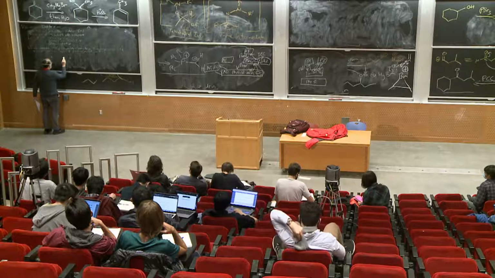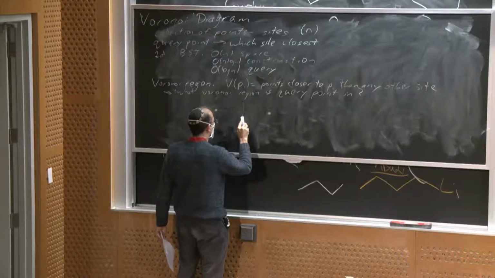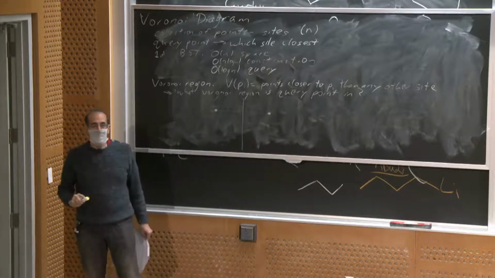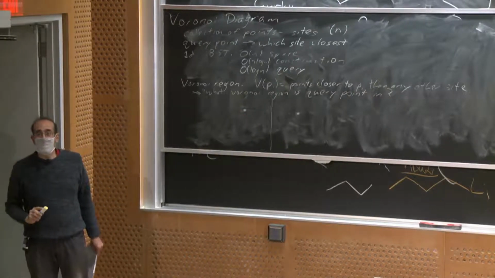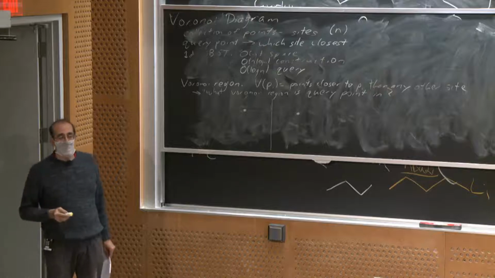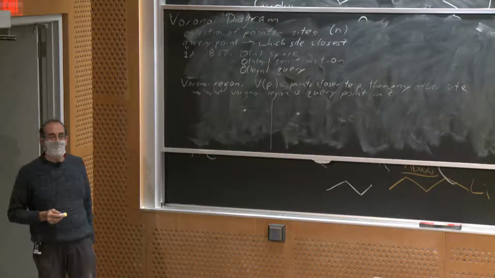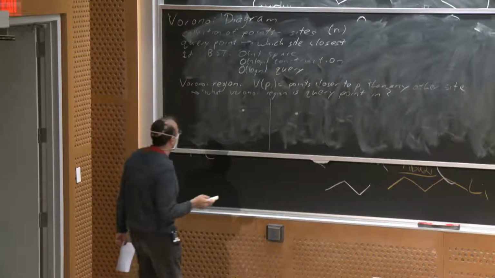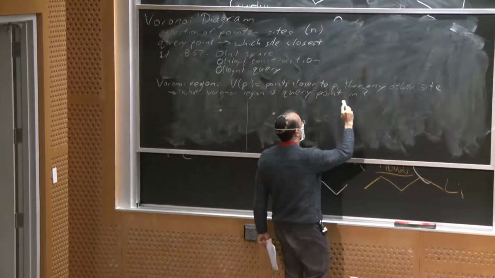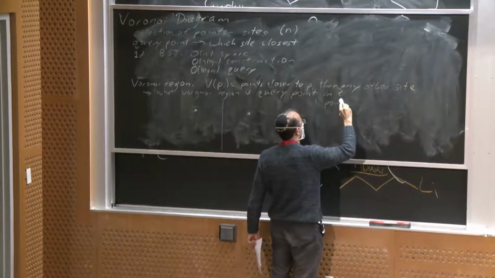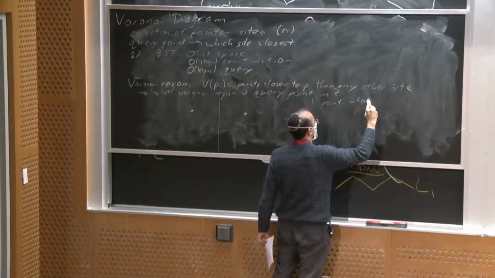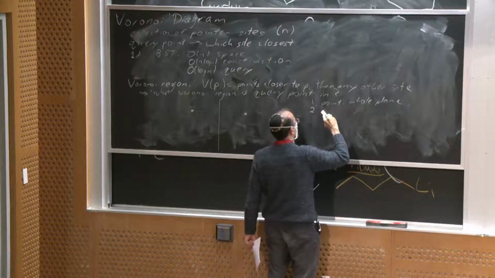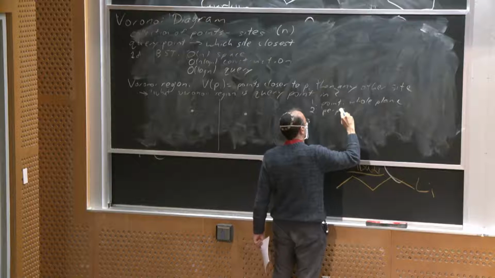You draw the line between the 2 points, and then you take the perpendicular bisector of that line, and this defines the two Voronoi regions, depending on which side you are on of this perpendicular bisector. Okay. So 1 point, we have the whole plane. For 2, we're looking at the perpendicular bisector.